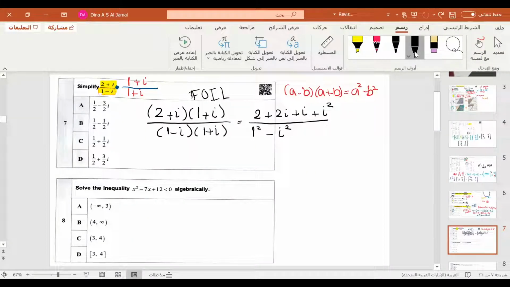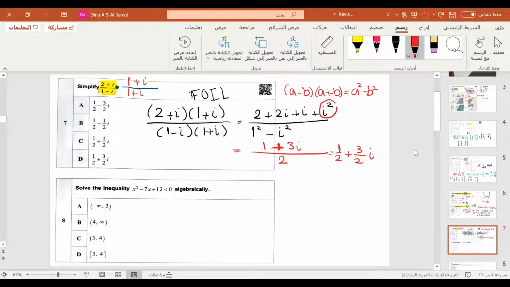Now let's simplify it further together. So it will be 1 plus 3I over 2. And if you take the common denominator, it will be 1 over 2 plus 3 over 2 I.